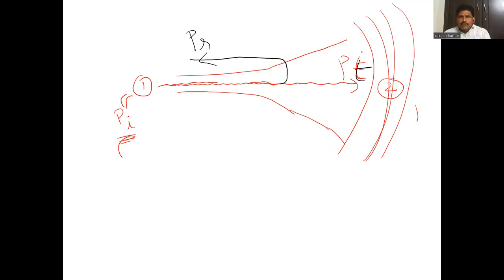So for example, if I provided PI, let us consider 50% of the PI is radiated or transmitted, and due to some impedance mismatch, let us consider 50% of the power is reflected.